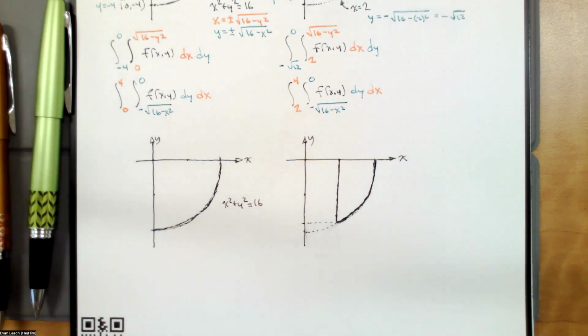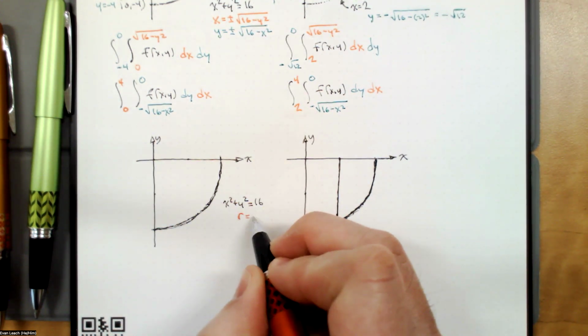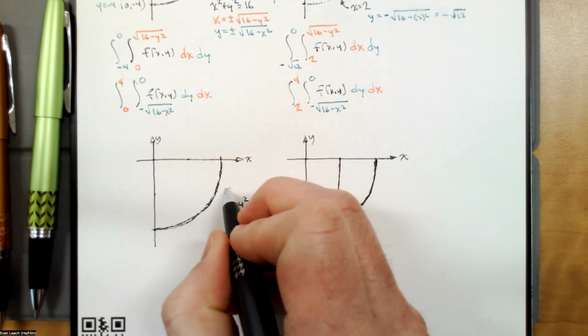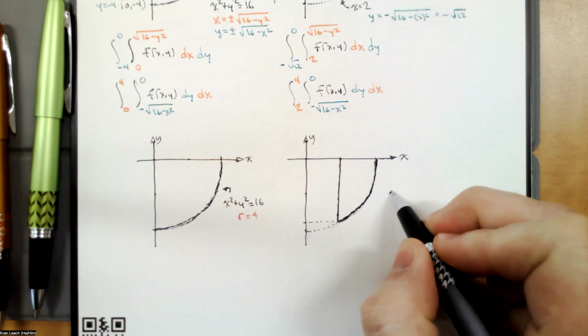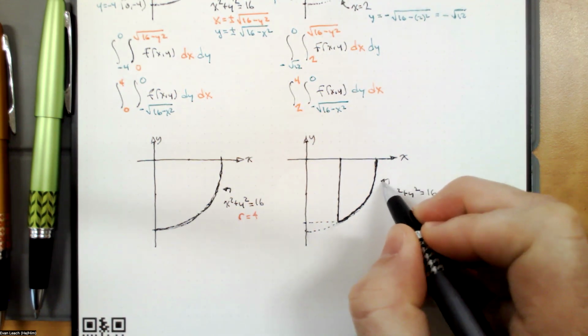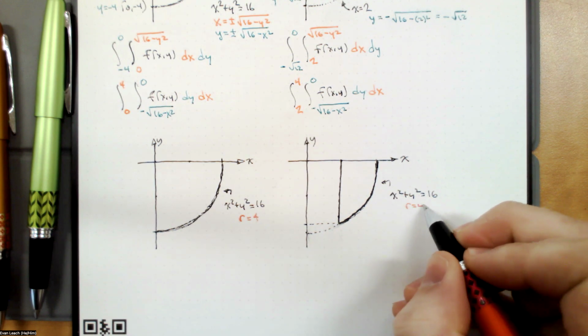So in this case, r is equal to 4. And that same thing is going to happen over here. x squared plus y squared is equal to 16. That we can just translate to r equals 4.